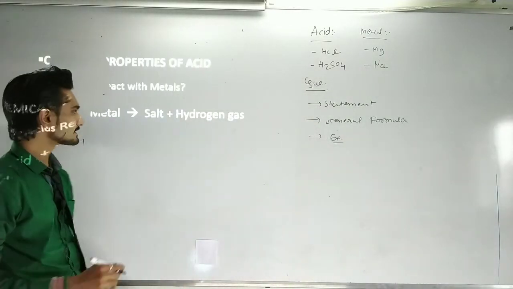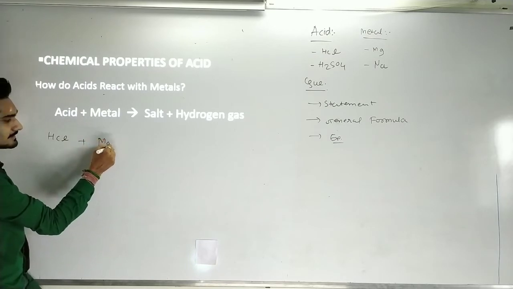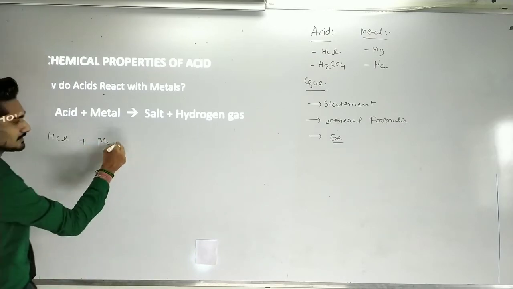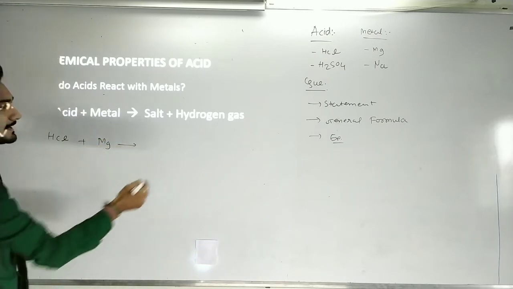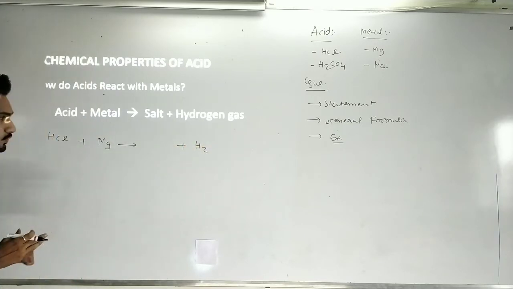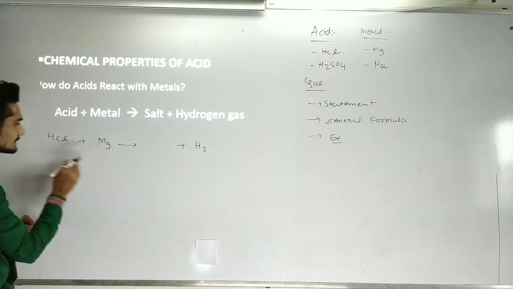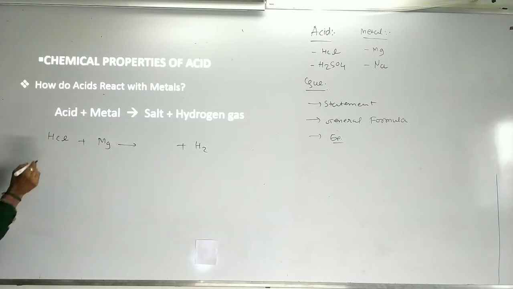Now I have to react this. Acid reacts with metal, so I have taken Mg as the metal. Now it creates the salt, and I know the formula for hydrogen gas is H2. If I want to give H2 here, then I need to give 2H on the other side, so suppose I have given 2HCl.